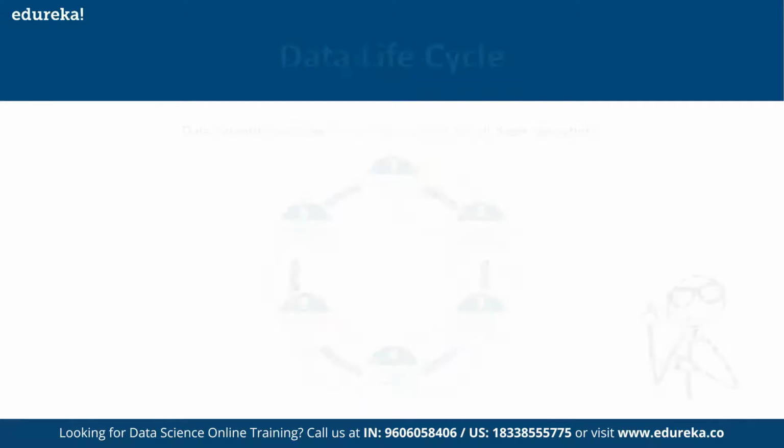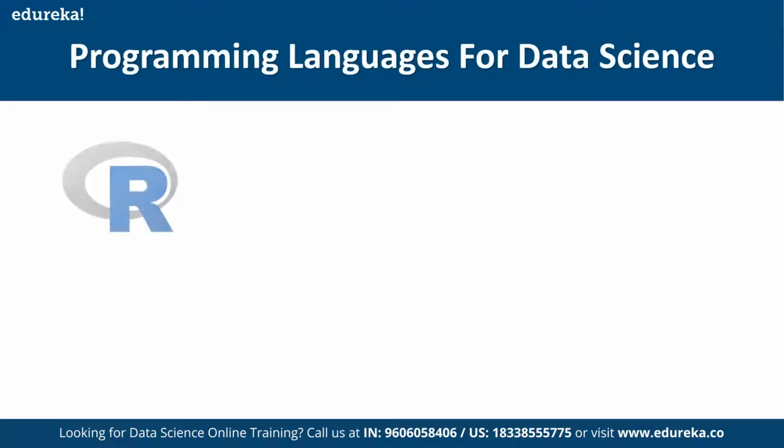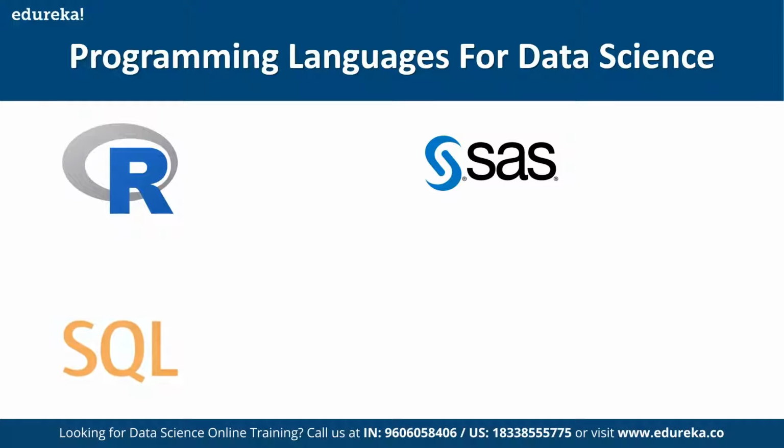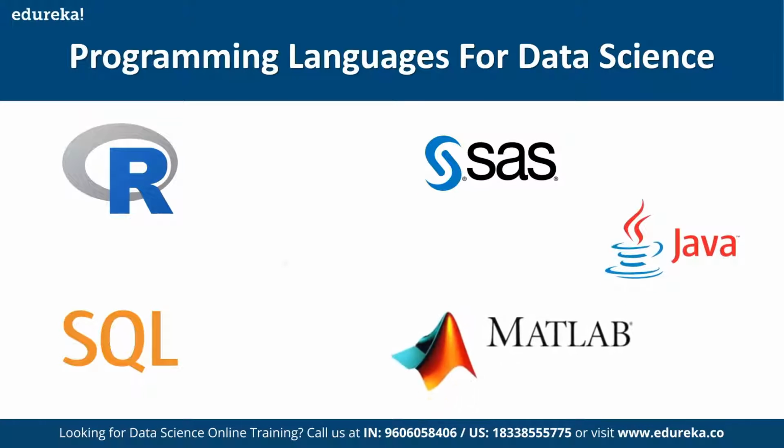So let's move forward. Which are the main programming languages for data science, which are vastly used across the world? In recent few years, there is R, Python, SAS, Java, MATLAB, and SQL.